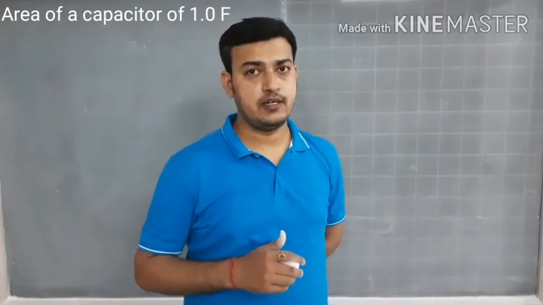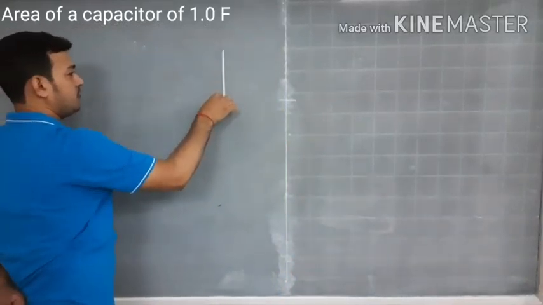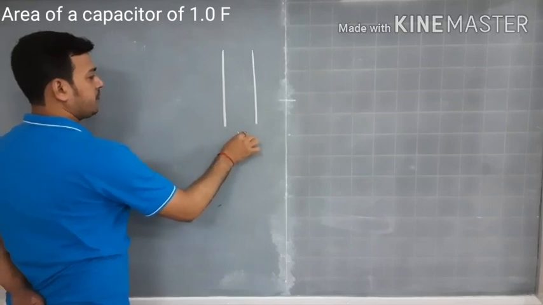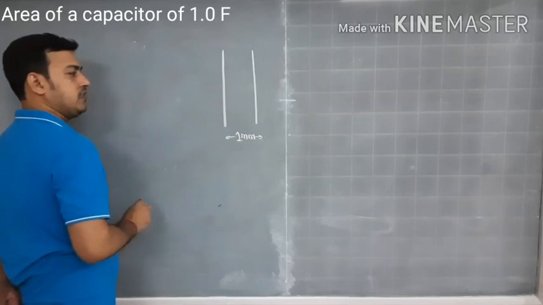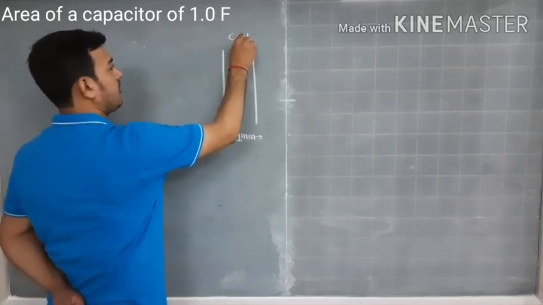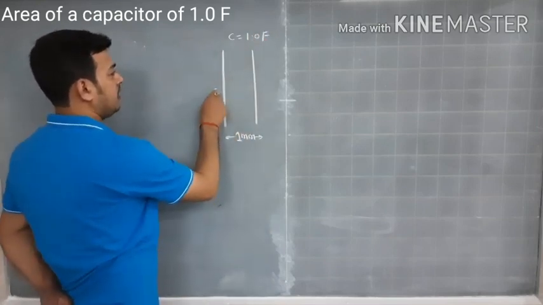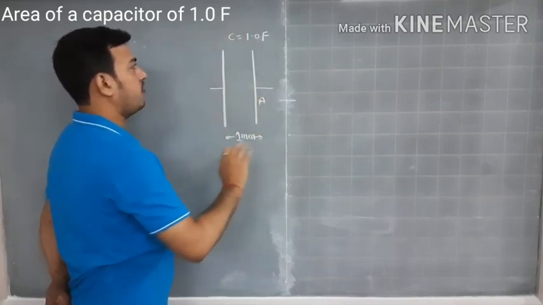So let us execute this activity. I have a capacitor, the separation between the plates is 1 mm, and I need its capacitance to be 1.0 farad, and I need to calculate the area for such a capacitor.